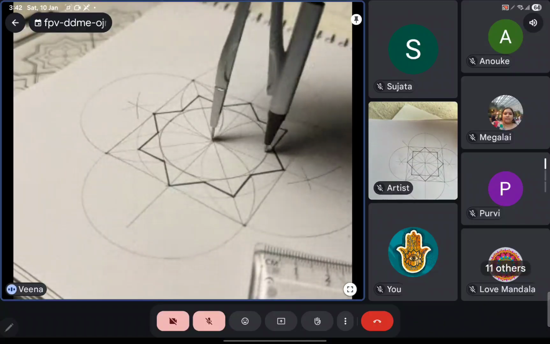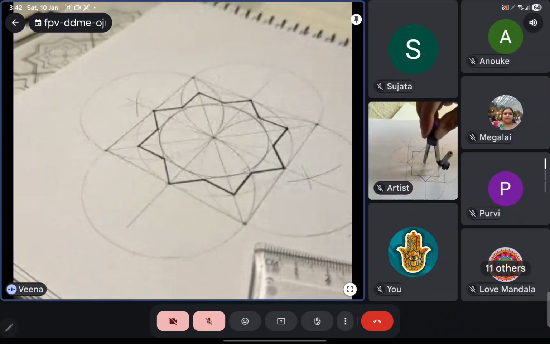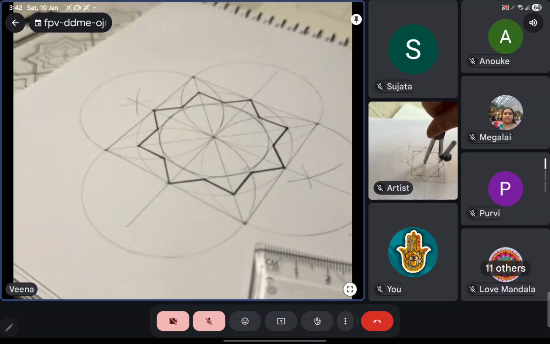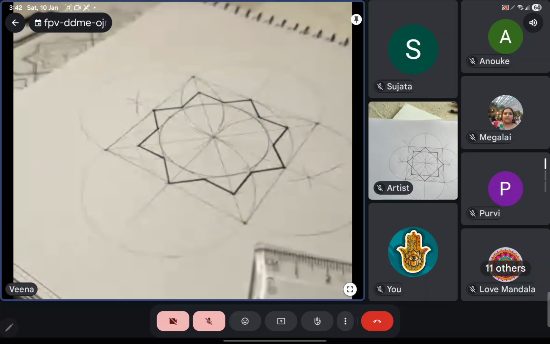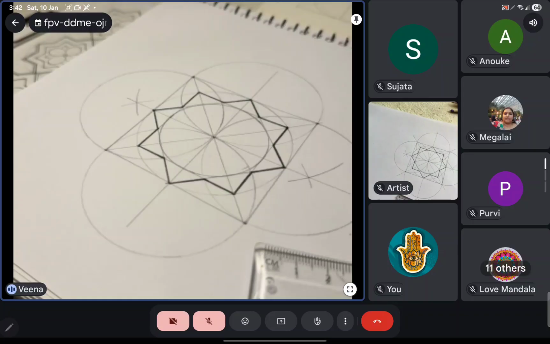I'm doing it a little darker so that you can see. And now I'm going to use the color pen so that you can understand.